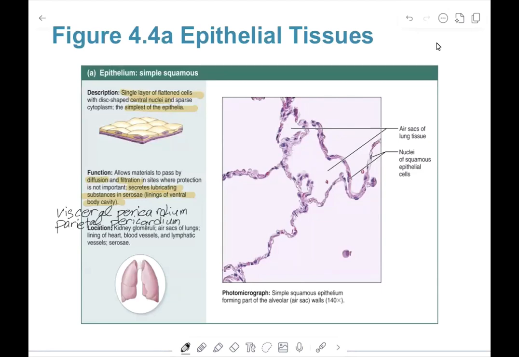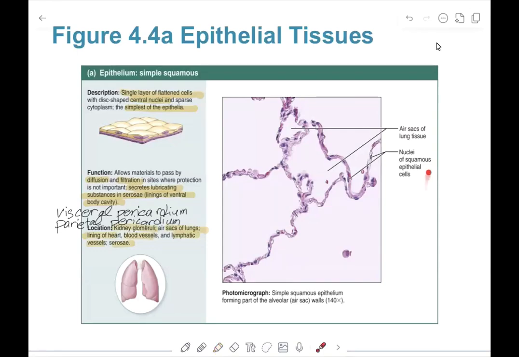These specific membranes are going to be producing liquid. So the location would be in places like the kidney glomeruli, air sacs of the lungs, lining of the heart, blood vessels, lymphatic vessels, and serosa, like the visceral and parietal layers.